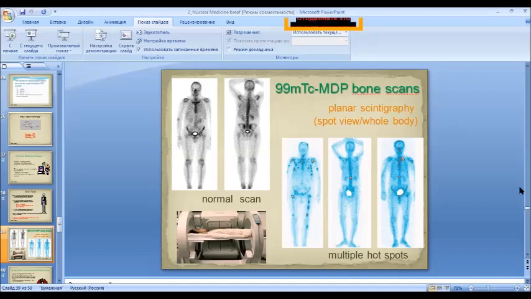It doesn't matter from which, from cervical cancer, from lung cancer, and so on, but it helps us to reveal the pathology in the whole bone system.